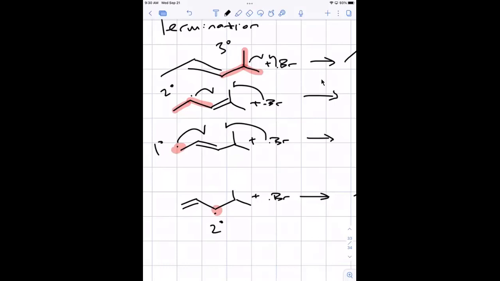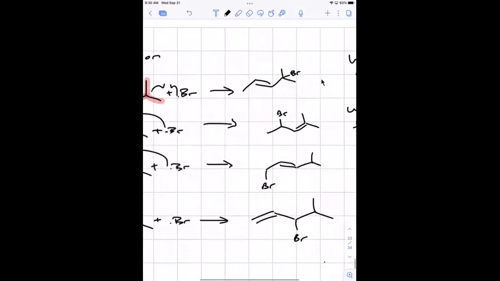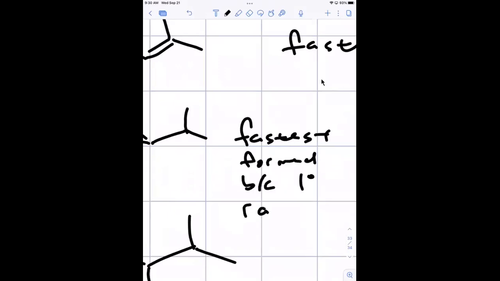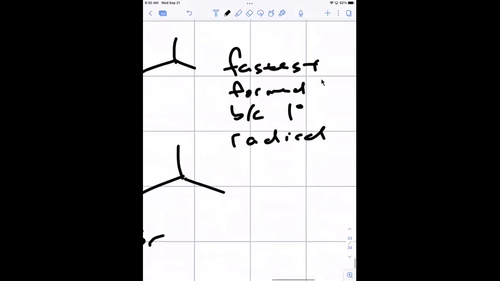The fastest radical is the one that's the easiest to get to. Let's think about it that way. So which one is the most accessible? Would it be the primary one? Yes, it is this one. So this is going to be the fastest to form, because that primary radical is more accessible.